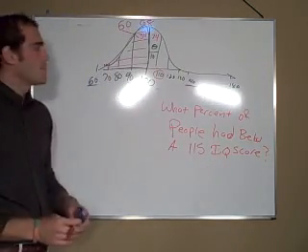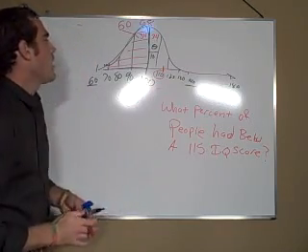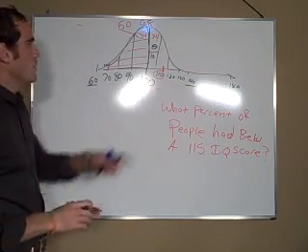This isn't so simple. 115 does not lie on an even z-score.